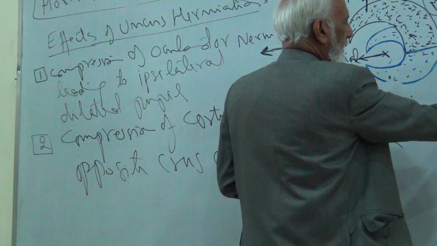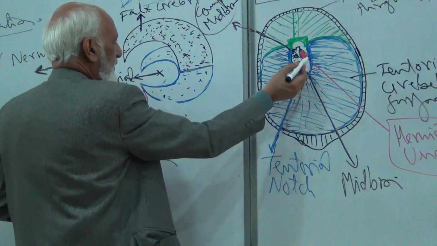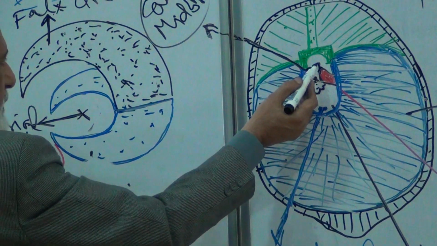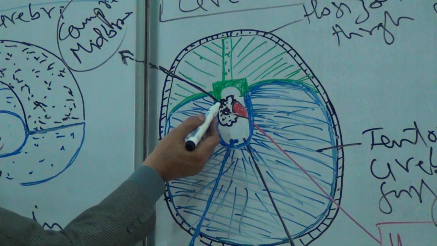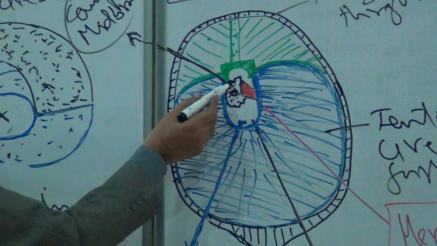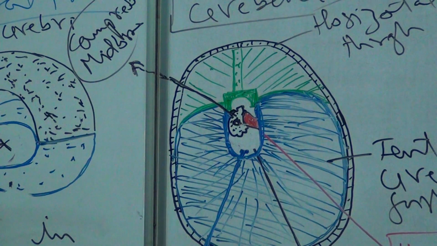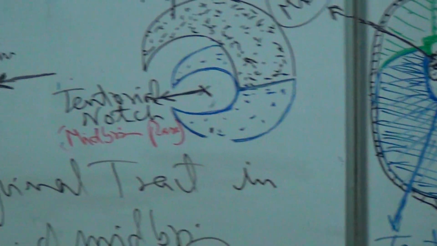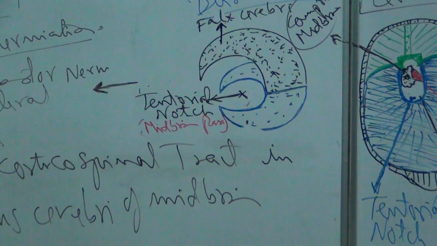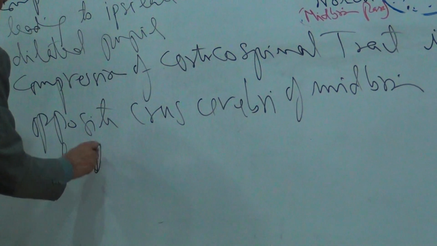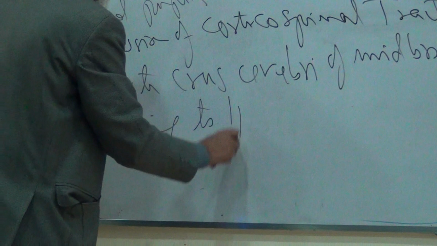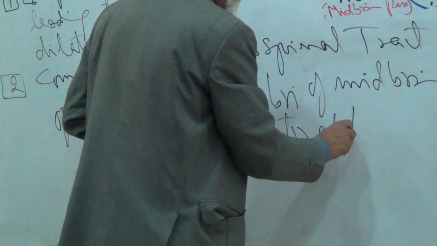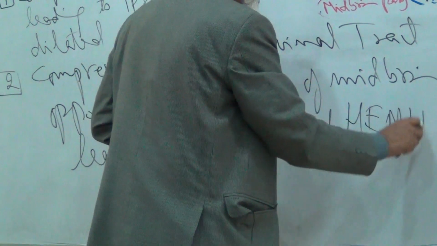When the uncus compresses the midbrain against the edge of the tentorium cerebelli, this is the crus cerebri of the same side and this is the crus cerebri of the opposite side. So the corticospinal tract in the opposite crus cerebri will be compressed by the free edge of the tentorium, leading to ipsilateral hemiplegia.